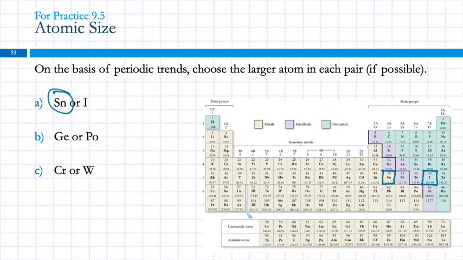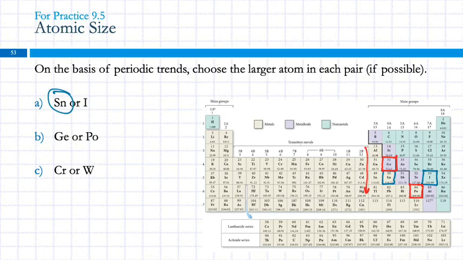Let's look at Ge and Po. Germanium and polonium. Cool thing is you don't need to know their names. All you have to do is find the symbols on the periodic table. So there they are. Now this one's on the diagonal, so a little more complicated. Let's go for the easy trend first, right? So going down, they get bigger, right? That's the one that makes sense.